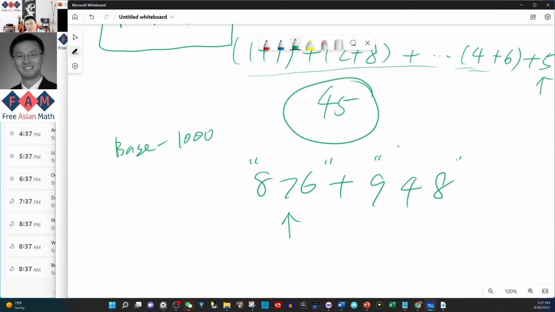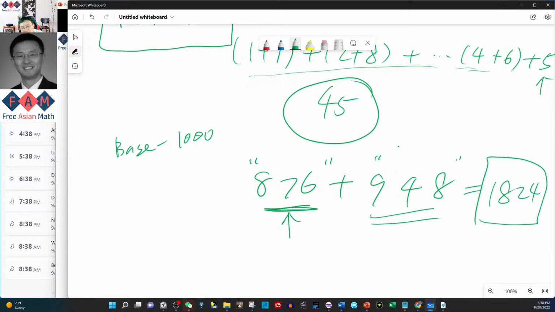The only way to find it out is to count from that value, 876, 948 times. Of course, we are using decimal terms, but it's in that imaginary system. You have to count that many times to get the result, which is 1824, and you have to memorize this fact.